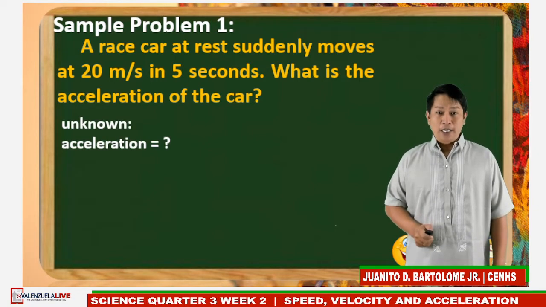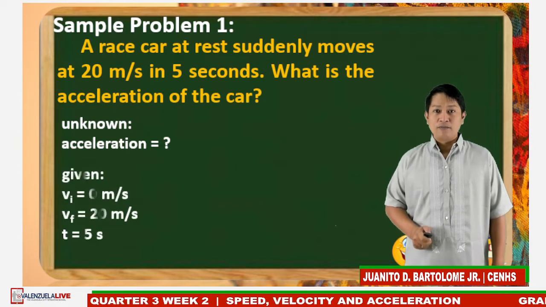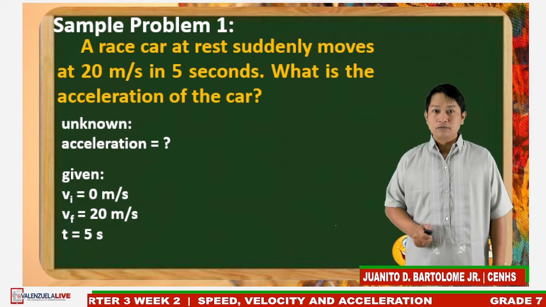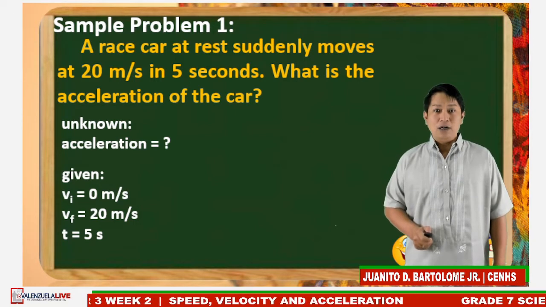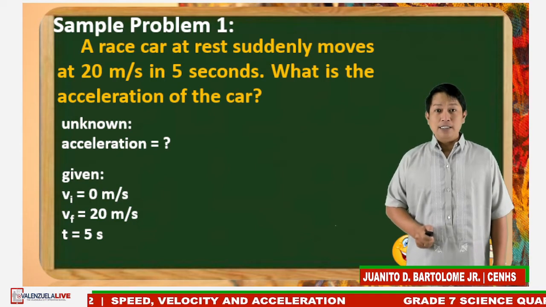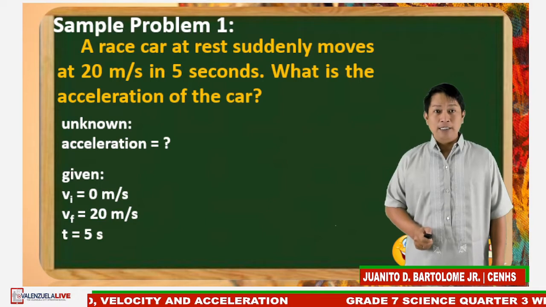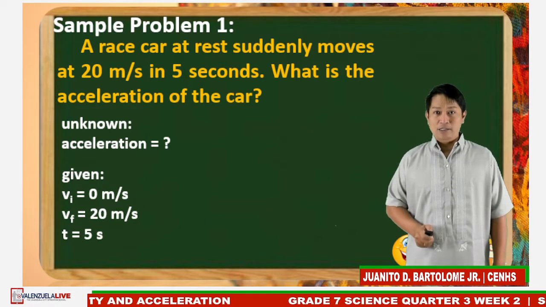Acceleration is the unknown quantity. Second, identify the given quantities. The racing car starts from rest. It means that its initial velocity is 0. Its final velocity is 20 meters per second, and the time of change of velocity is 5 seconds.